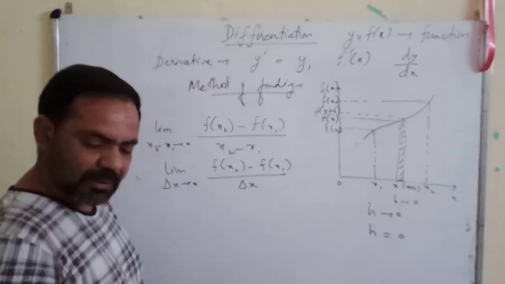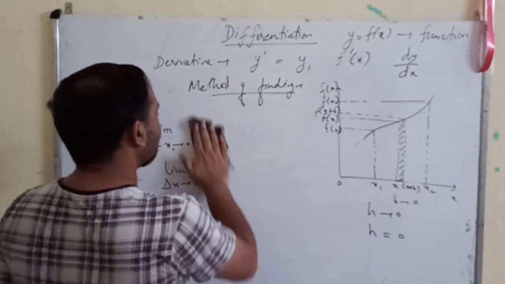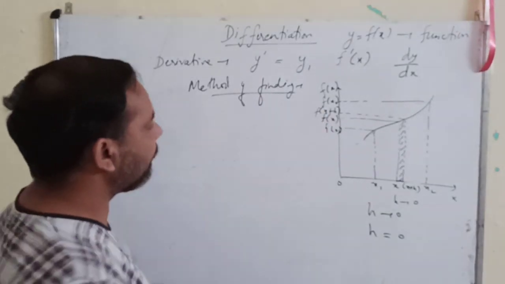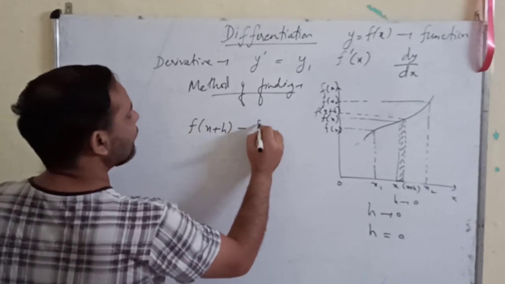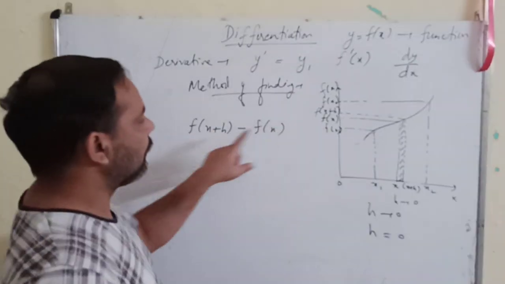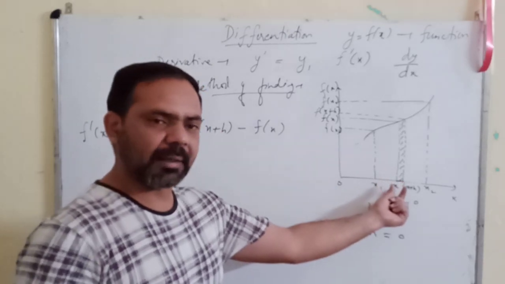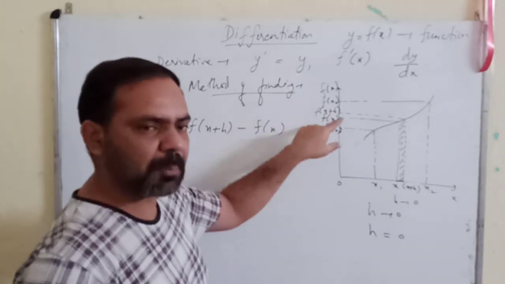Now what is the change in image? When you consider this infinitesimally small condition, the value of the image changes from f(x) to f(x plus h).